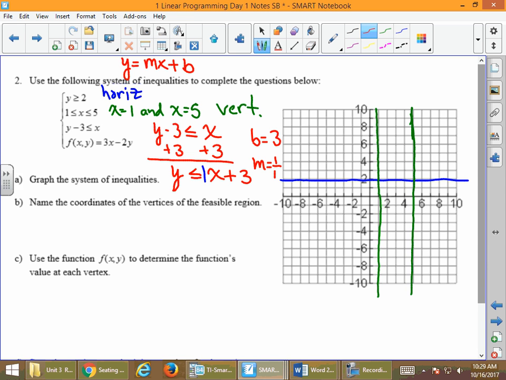It's 1 over 1. And we're going to graph that. Because all of our inequalities have equals in them, we can use a solid line. b equals 3. And then it's going to be up 1 to the right 1, up 1 to the right 1, up 1 to the right 1.